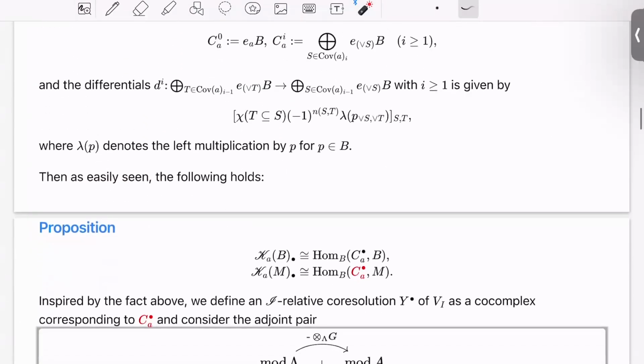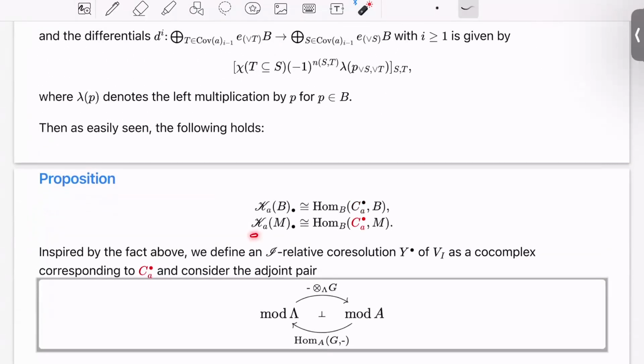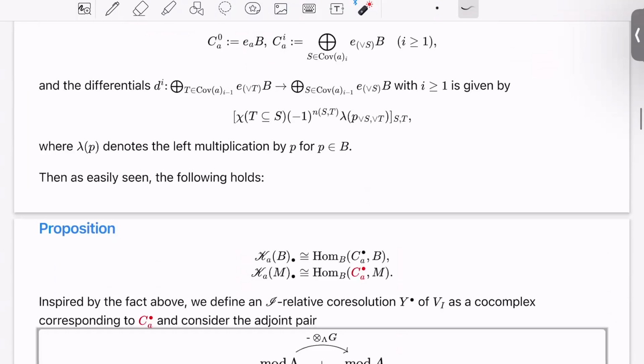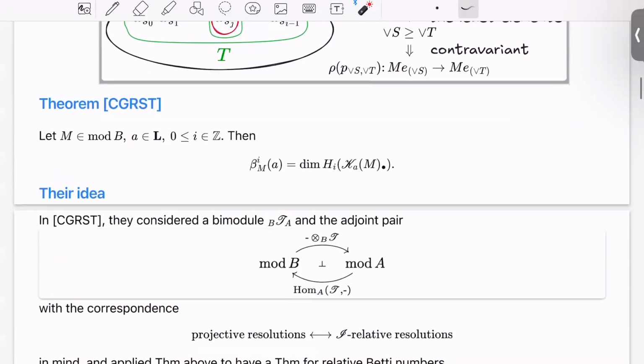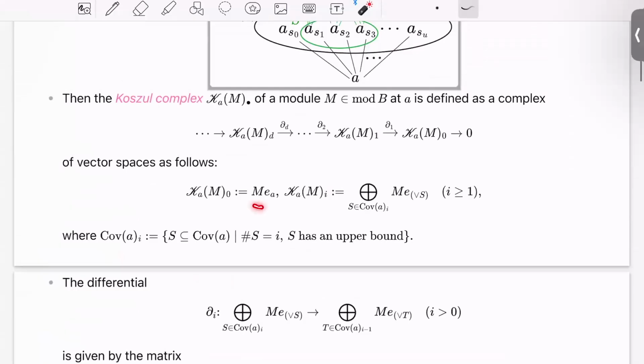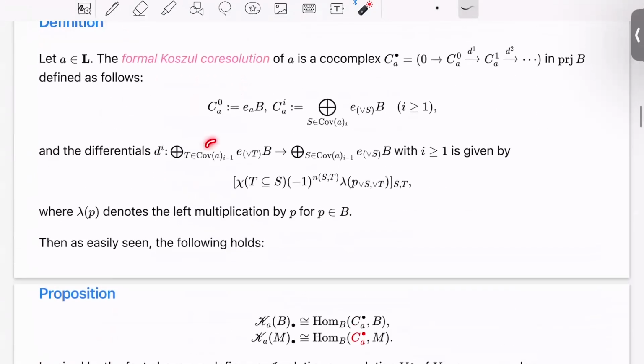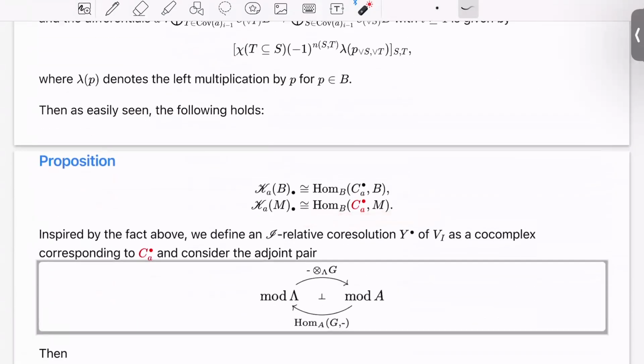And then further, this K_A M can be obtained by taking a Hom space of this form, C_A and M. Because C is of this form, if we take Hom(C, M), then we have M_A here. To get them, we use this formal direct sum like this and take Hom. Then we can obtain this quotient complex. So this is the idea.